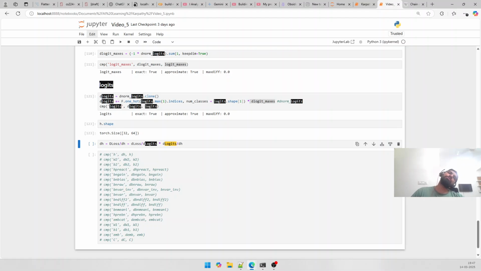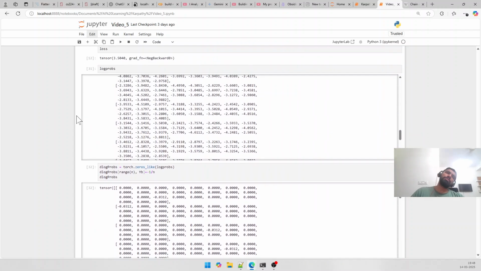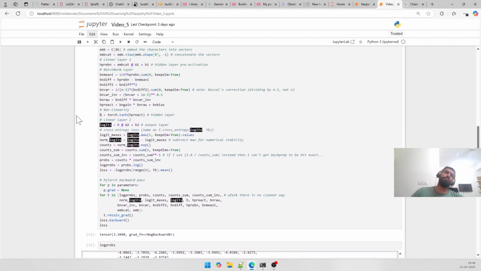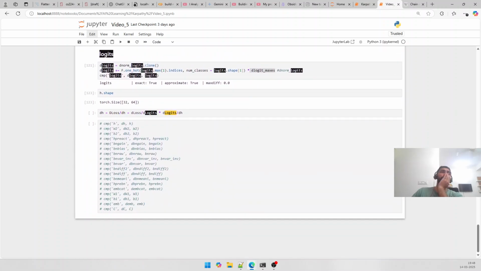It's a 32 cross 64 matrix. And W2 and B2, what are those?